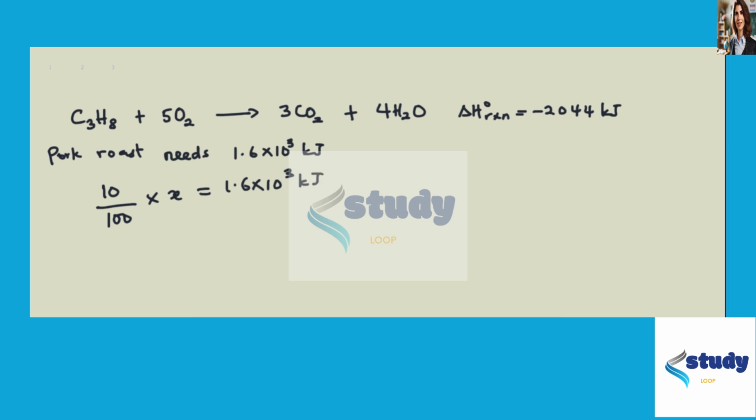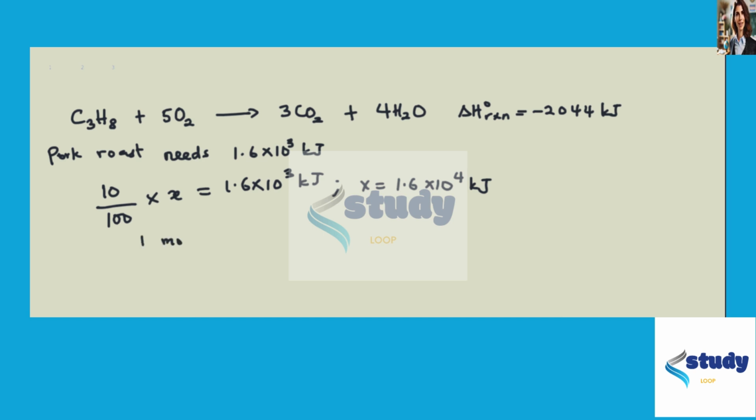So if we find X, it is going to be 1.6 times 10 to the power 4 kilojoules. That is the amount of heat that will be produced from this reaction. 10% of it will equal 1.6 times 10 to the power 3 kilojoules that will be needed to completely cook the pork roast.